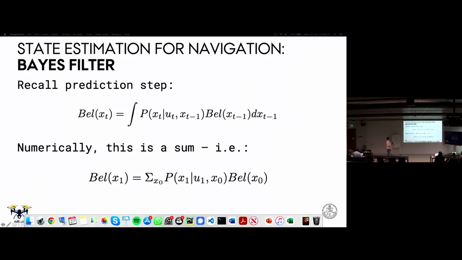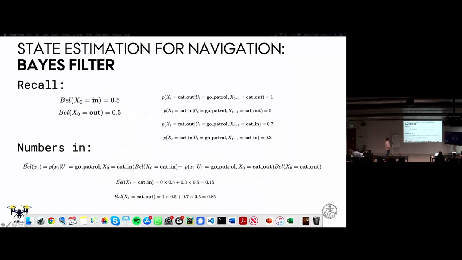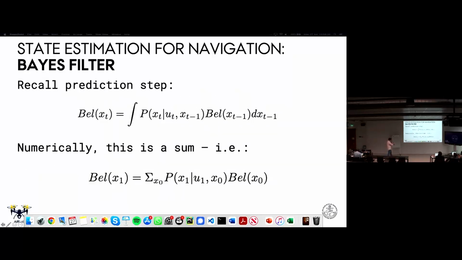Obviously, if you have an integral, numerically you can just define it as a sum. So you'll find that this should actually just be a bunch of multiplication and addition. If you go back here, you can see that this is the action space, this is the belief, and this belief is the belief at t equals 0, which means that this is a prior belief.